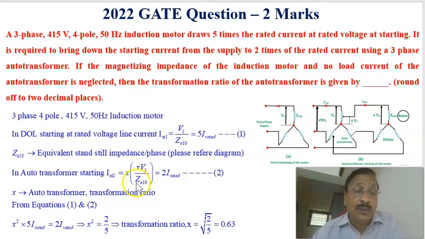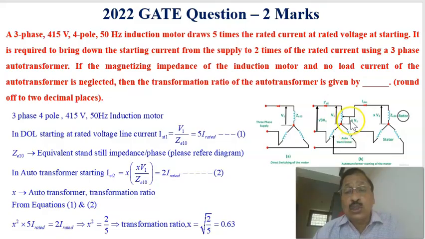Substituting that in this equation, from these two equations we get X square times 5 I rated equal to 2 I rated, where I rated means rated current. From this equation, we get X square equal to 2 by 5, or the transformation ratio X equal to square root of 2 by 5, which is equal to 0.63.